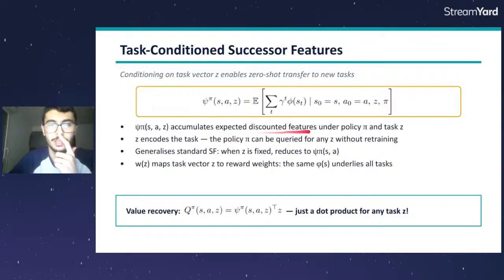It accumulates expected discounted features under policy π and task Z. As we said, Z encodes the task, and the policy π can be queried for any Z without training. Instead of training one policy, we train a conditional policy, so π can be conditioned on S and on Z as well.